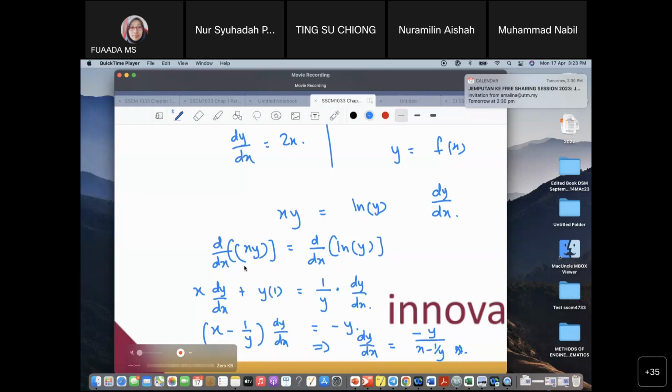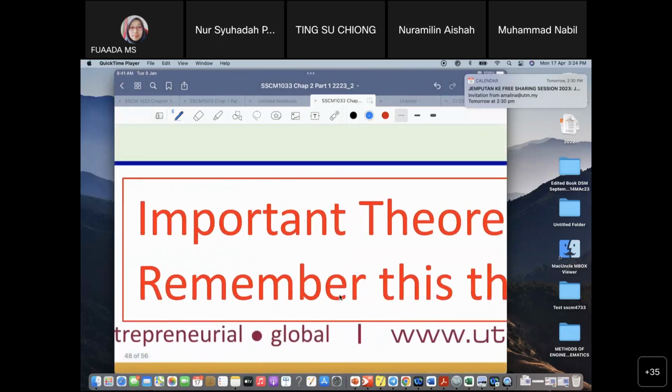So, I'm sure that kalau you apply teknik yang biasa ni, so there is a possibility you can have a careless mistake. Okay, ini based on experience lah. So sebenarnya ada cara mudah untuk you dapatkan differentiation implicitly. Cara mudah adalah yang saya nak explain ni lah.